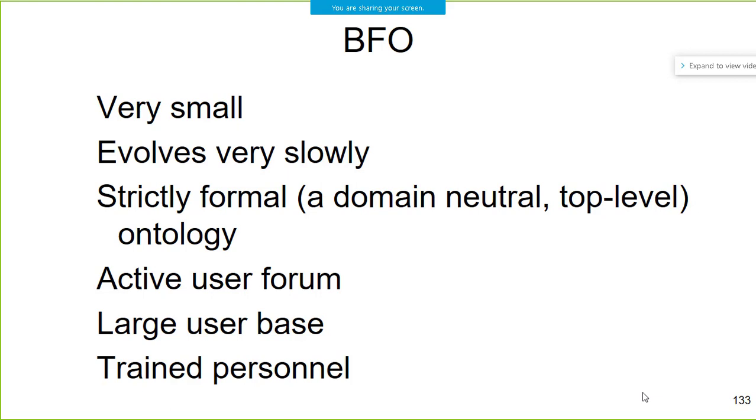It has a lot of people who are using it and a lot of people who are helping to maintain it, some of whom are very critical, painfully critical. And it has a cadre now of people who know how to build ontologies using BFO, who can help you populate your ontology so that it works well with the ontologies which already exist.